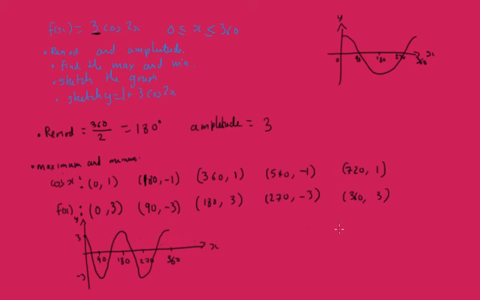And the next one we want to do, sketch y equals 1 plus 3 cosine 2x. So we take this and we're going to move it up 1. And it'll just be a mirror.